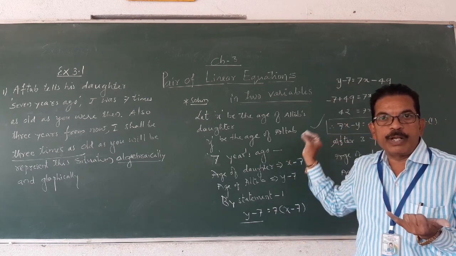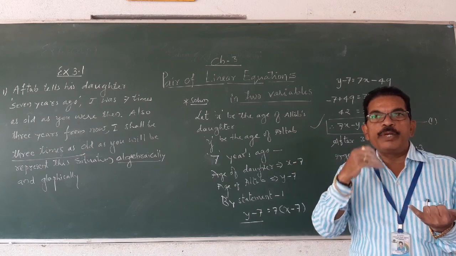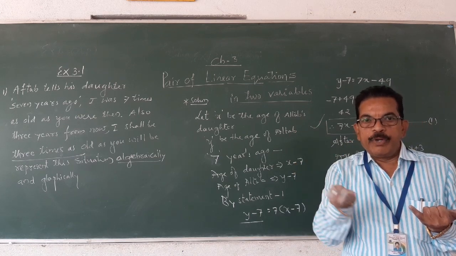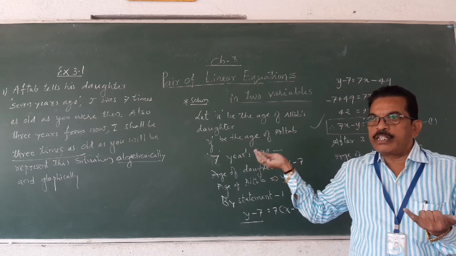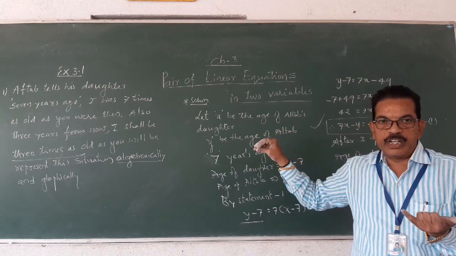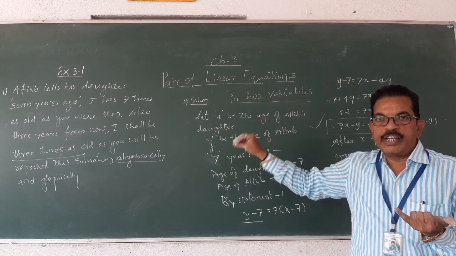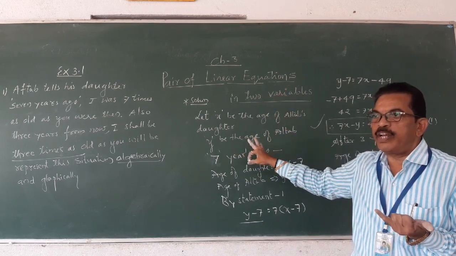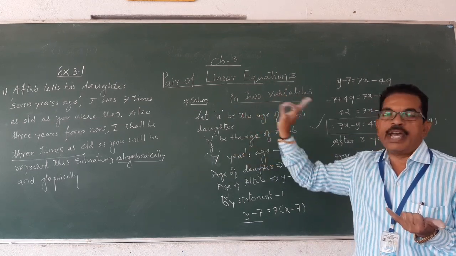I have written examples only, but the definitions I have told orally. So you get the book from your friend and search for the definitions. You write the definition and write the example for each. Then only you continue the exercise.